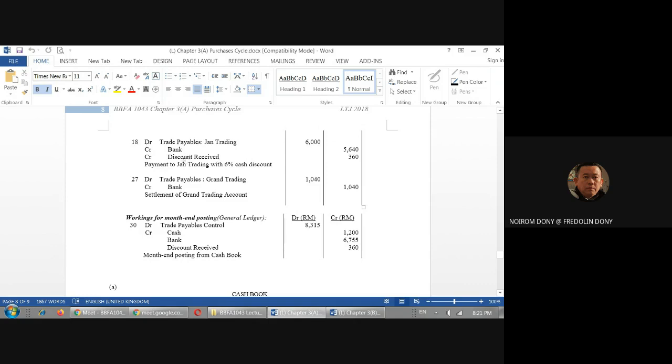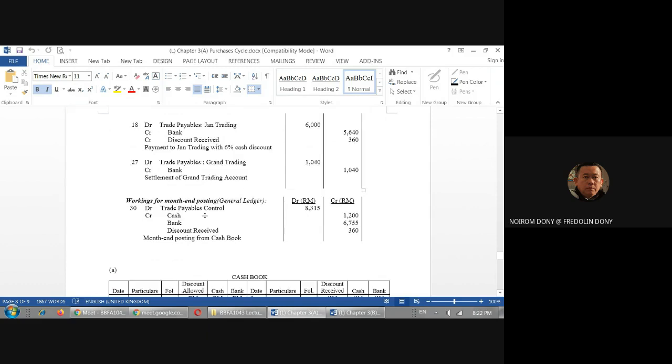Before this transaction we don't have any discount received, but after this transaction we have discount received, meaning it increases the income. So that's why we credit discount received 360. Okay, and on 27, this liability, trade payable, reduces, so that's why we debit. The bank, a debit item, reduces, so we credit. So we are following the rules.